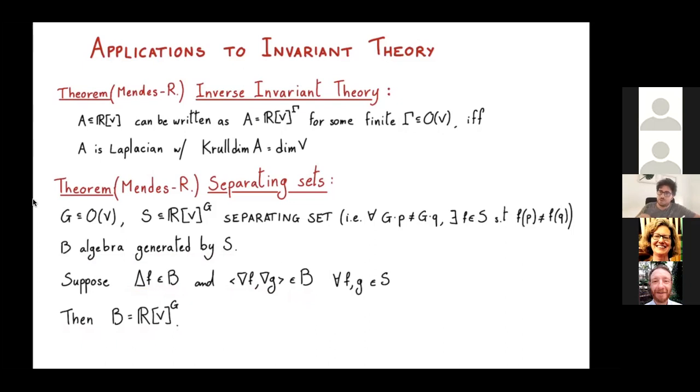Although I do not have much time to discuss this, this is a statement that generalizes something like Weyl's first fundamental theorem for O(n), SO(n) and SU(n). This is very powerful, especially in situations like computational invariant theory, where you can easily produce these sets.